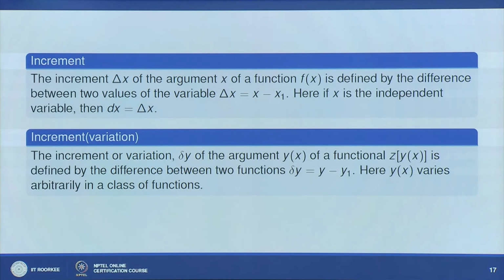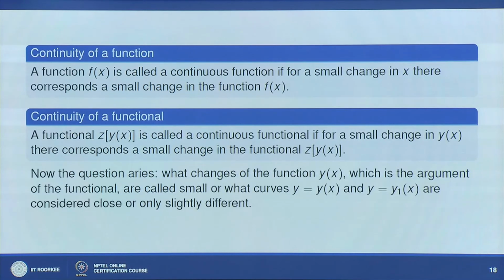Now with the help of this increment, we can define the continuity of a function. Continuity of a function is defined in the sense that if there is a small change in the argument of this function f, that is a small change in x, then there is a small change in the function f of x. And similarly in analogous version we can say that a functional z of y of x is called a continuous functional if for a small change in the argument, which is a function y of x here, there corresponds a small change in the functional z of y of x.